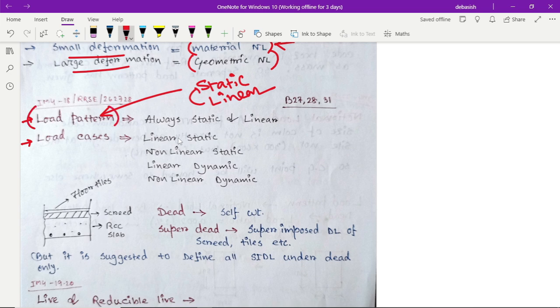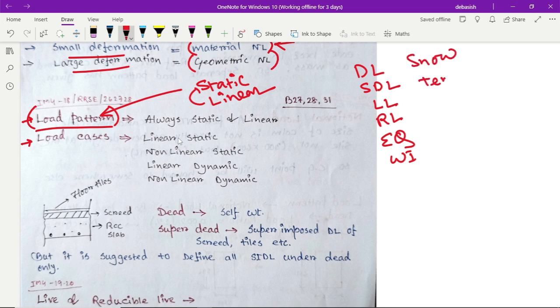Those static loads we can define under the load pattern option. Static loads are the dead load, super dead load, live load, reducible live load, static earthquake load, static wind load, snow load, temperature load, and many other loads in the ETABS software, such as roof live, pattern live, and notional load.